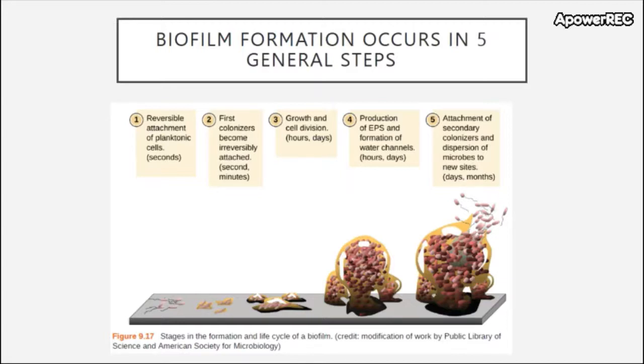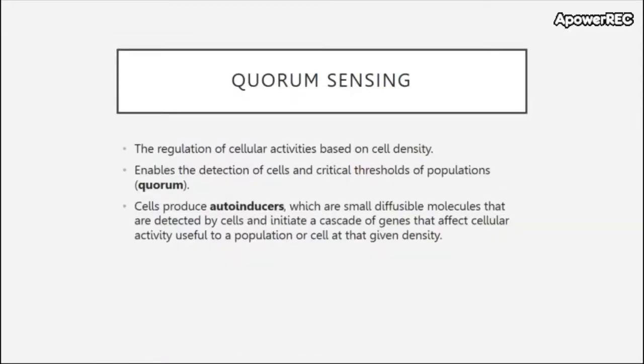And so the question can be asked, how and when do cells know when to stop development or to properly respond to biotic changes to their environment? Microbes do so through the use of something called quorum sensing, which is the regulation of cellular activities based on cell density, or the number of cells per a given volume or area.